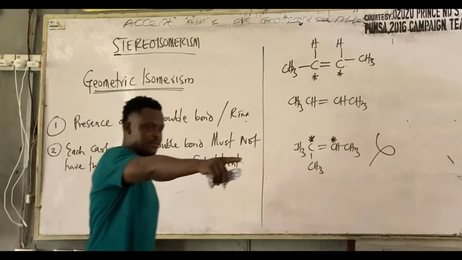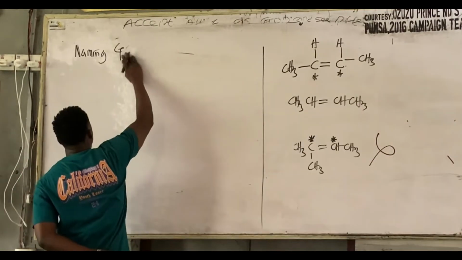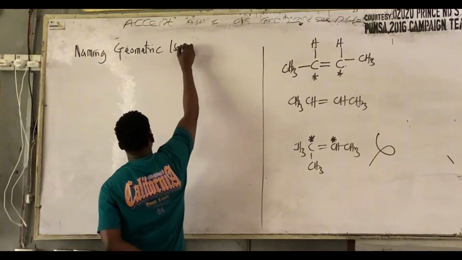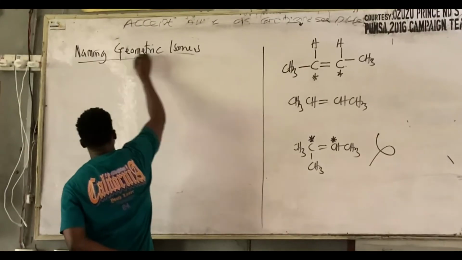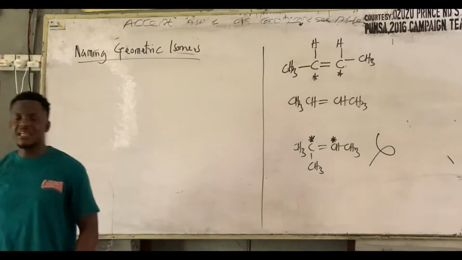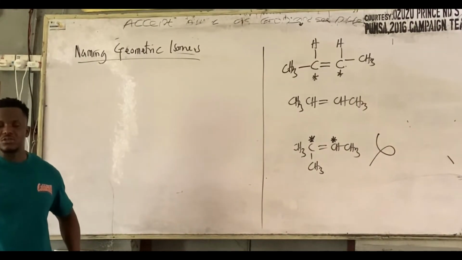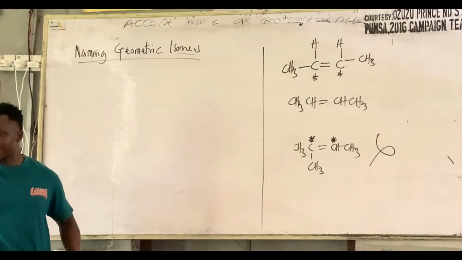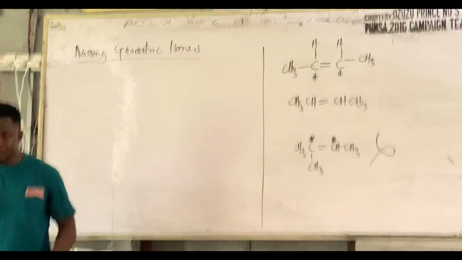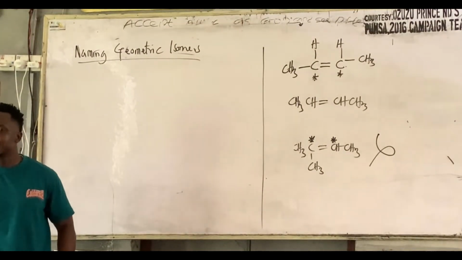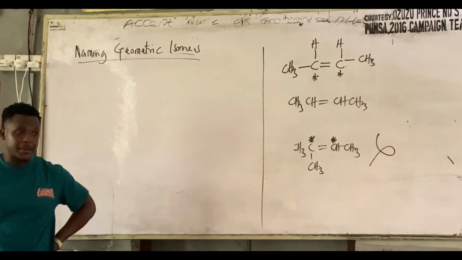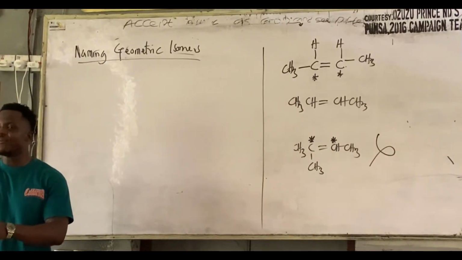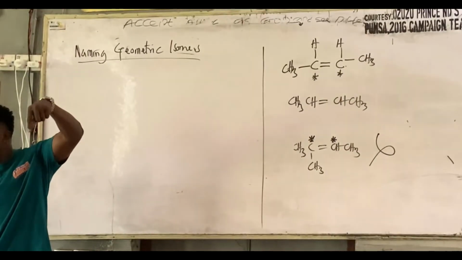So, do you understand now? Sometimes you can even be given a compound that contains a triple bond and asked whether this triple bond can exhibit geometric isomerism. Can it? It cannot. You know why? Because for anything to exhibit geometric isomerism, you must have two substituents on the carbon.